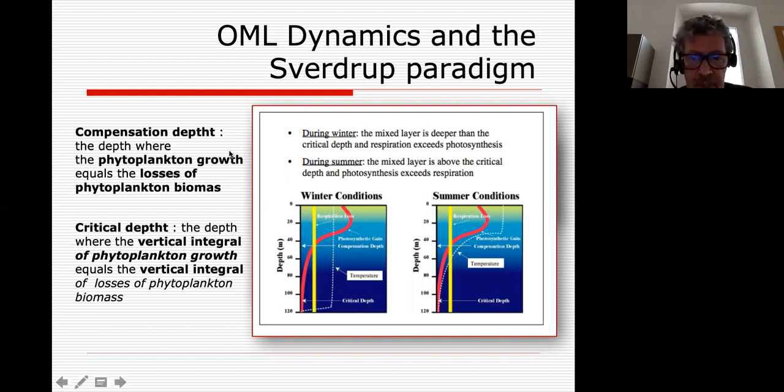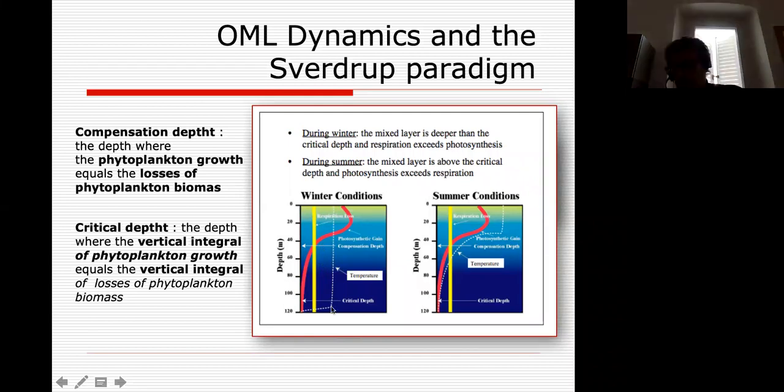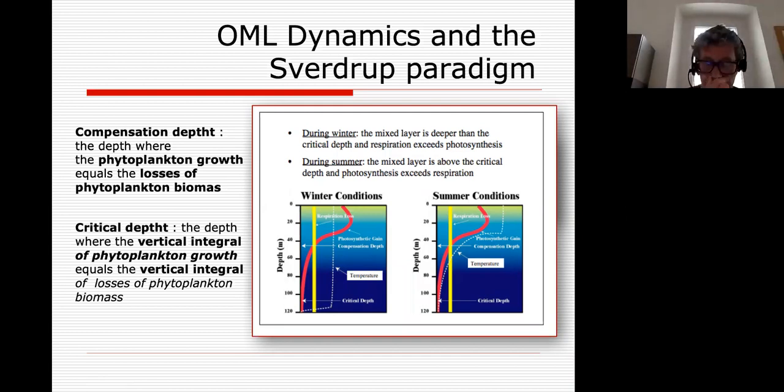In winter, you have a mixed layer which is generally deeper than the critical depth. That means that the properties in the mixed layer are mixed, and the small algae are also distributed uniformly in the water column. So they are brought outside their comfort zone, where there is no light, so they cannot produce.